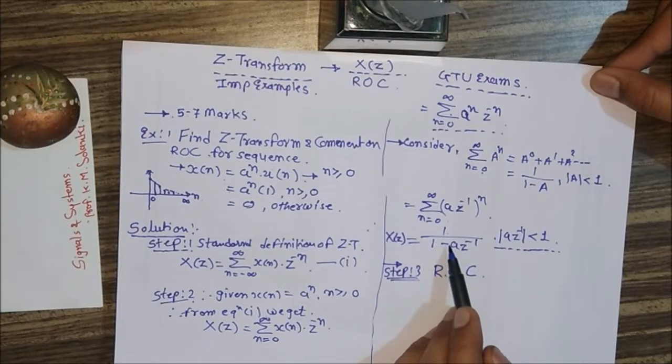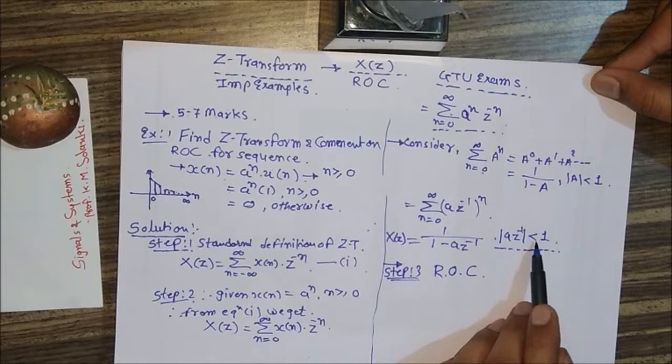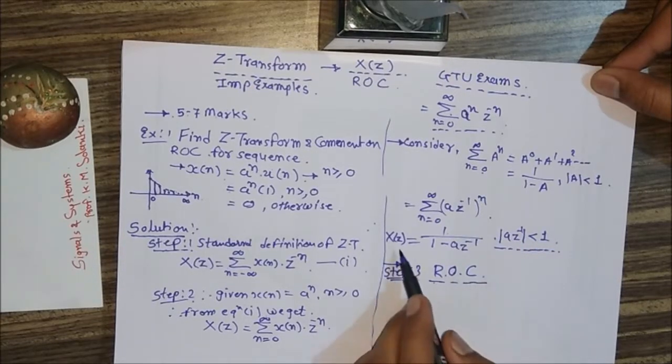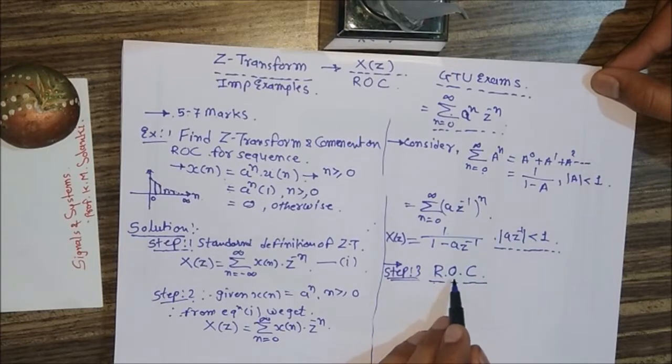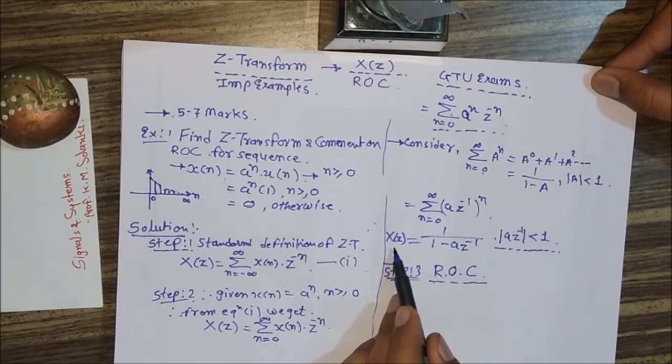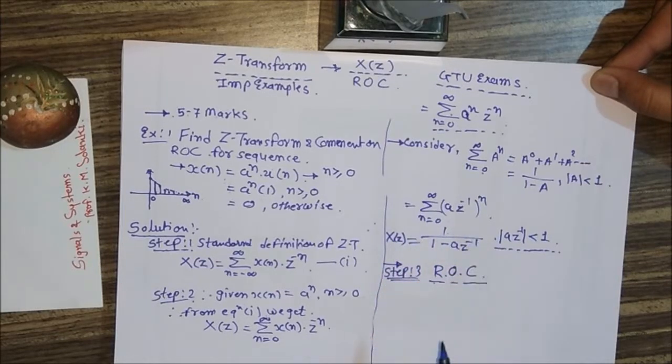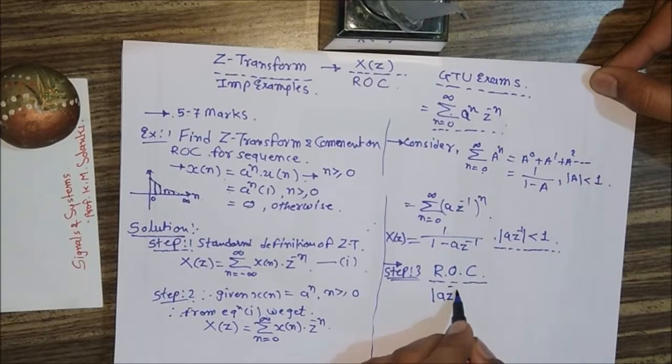As per this solution, mod a z inverse must be less than 1. It is the condition for making x of z finite. So ROC is again a definition: the set of all z values for which this solution will be finite. To make this finite, we consider a z inverse as our reference point.